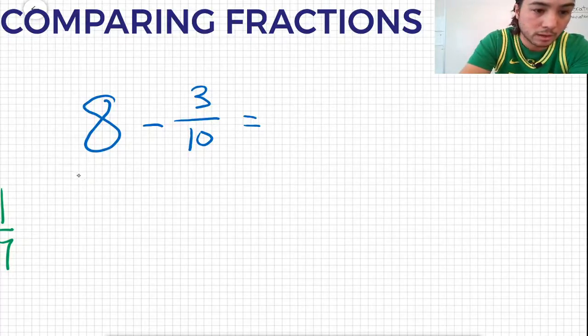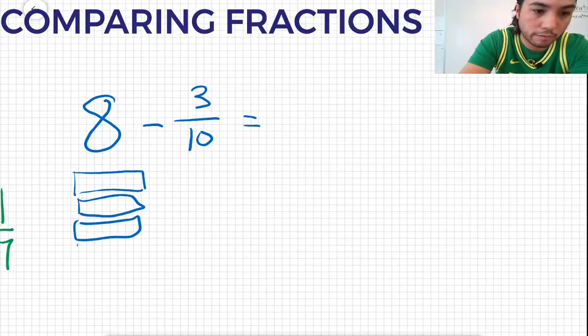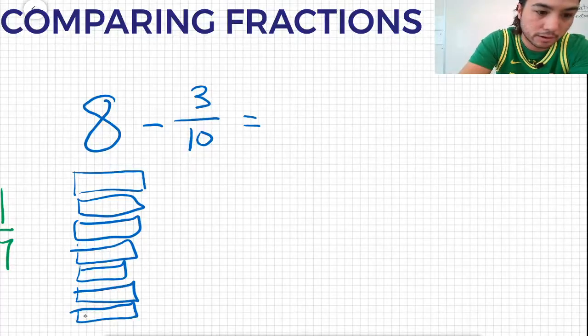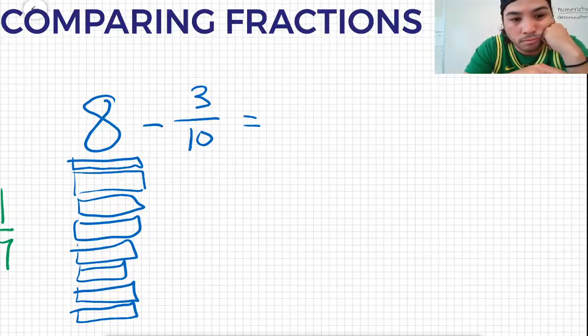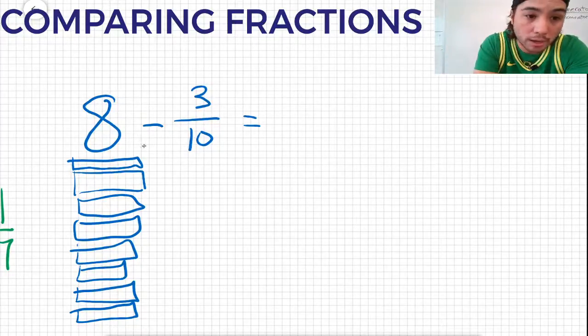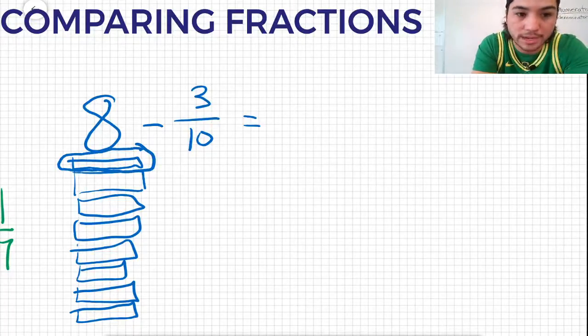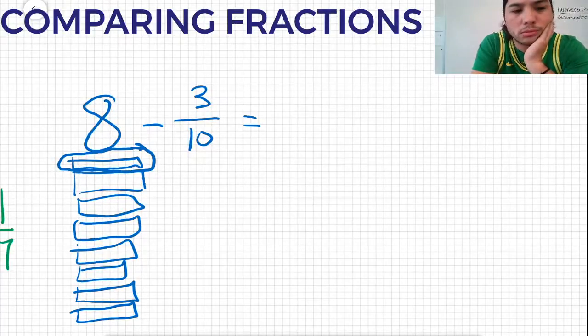So we have 1, 2, 3, 4, 5, 6, 7, 8 minus 3/10. So we know we have to take one of these whole numbers and decompose it into tenths. How many tenths in one whole? Numerator and denominator match. Yeah, 10 tenths.